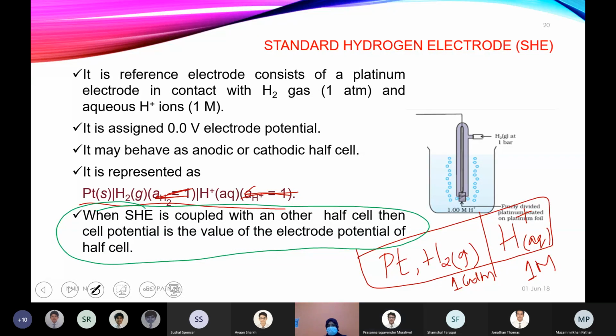One molar, 1 M. H2 gas at 1 atm pressure, and H plus is aqueous because that's a solution with 1 molar concentration. So concentration is 1 and pressure is also 1 atm or 1 bar.